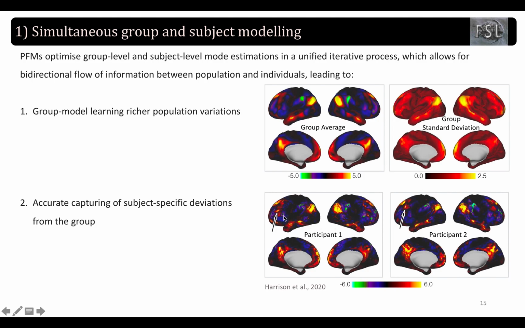For example, here we show the default mode network in two example participants, and the area marked with the arrow shows that some of the subnodes of the DMN can be misaligned between the subjects and the group. These somewhat subtle variations in spatial topographies can actually carry very useful information for characterizing individualistic traits and pathology.